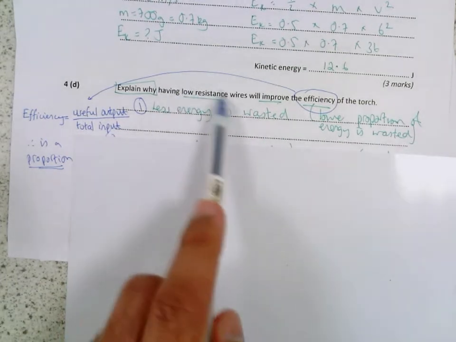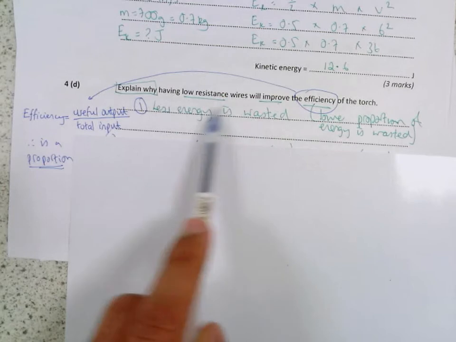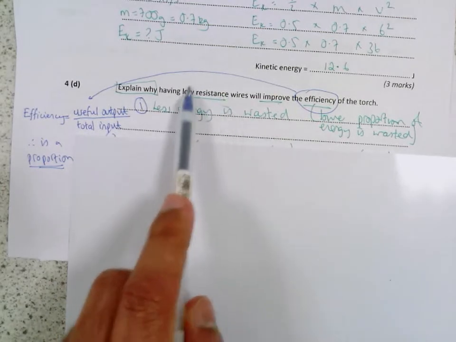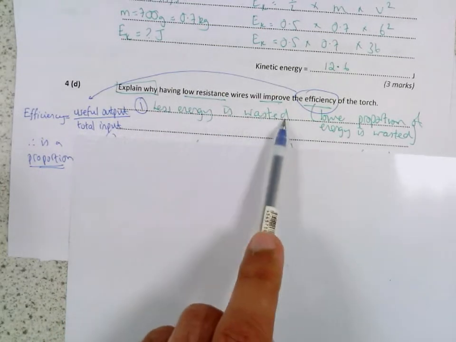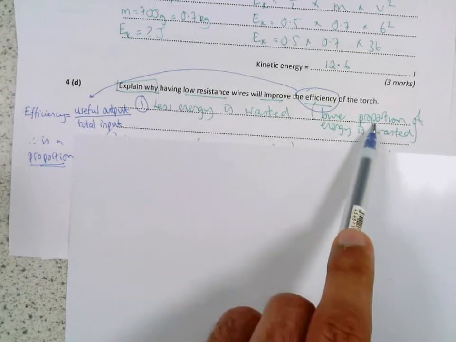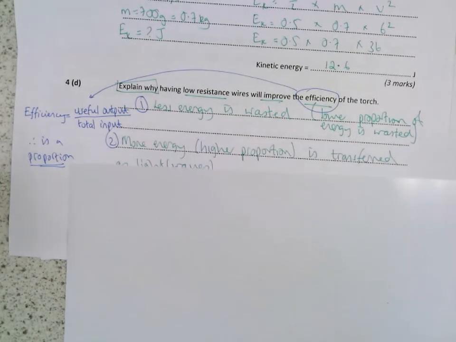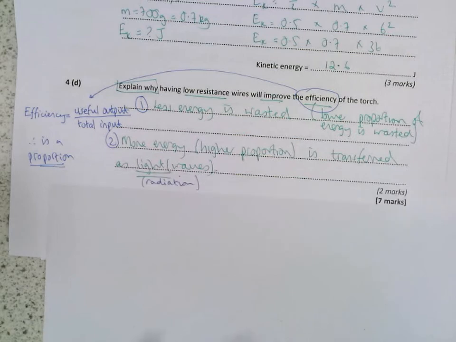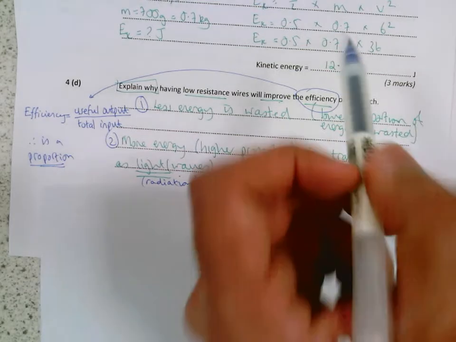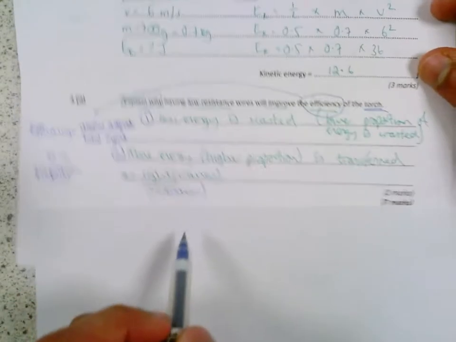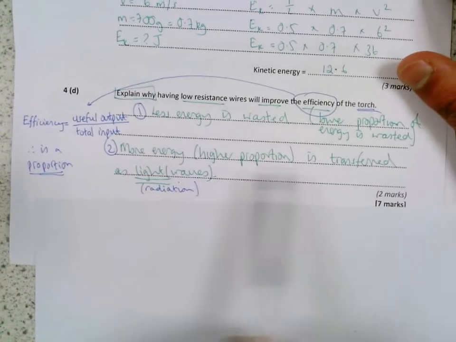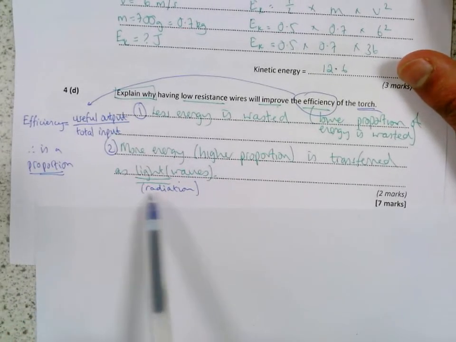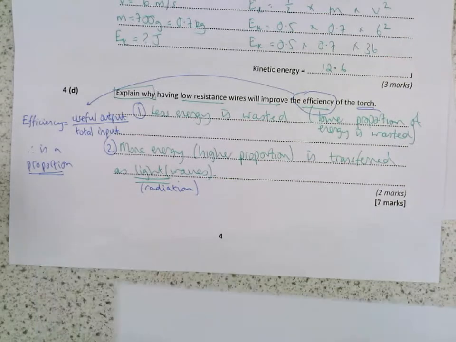Remember, this is one of the ways we can make something more efficient. So less energy is wasted, or in other words, there's a lower proportion of wasted energy. And the second mark is for saying that more energy, or a higher proportion, is transferred usefully, but you have to specify why that is the case for the torch, and that is because the energy is transferred as light, or you can say radiation.